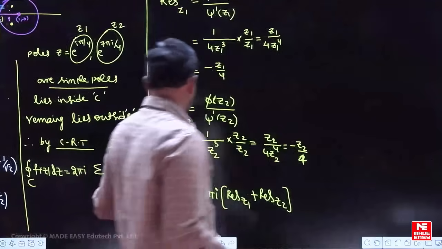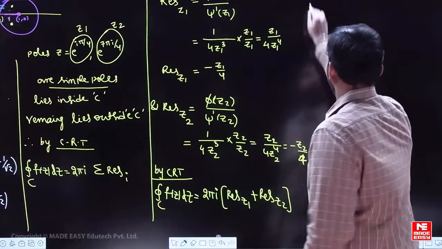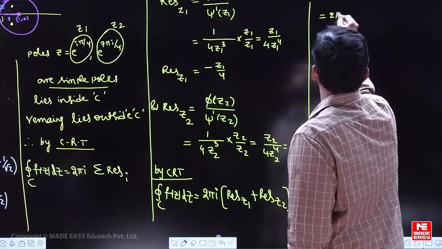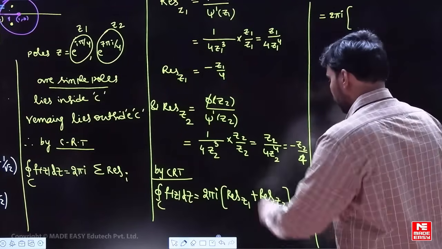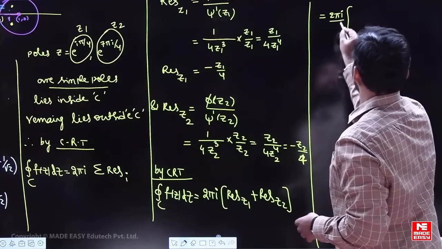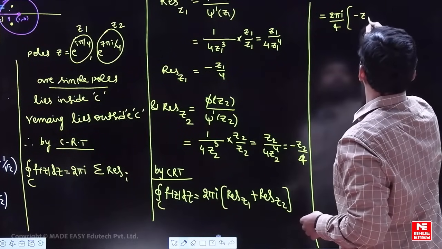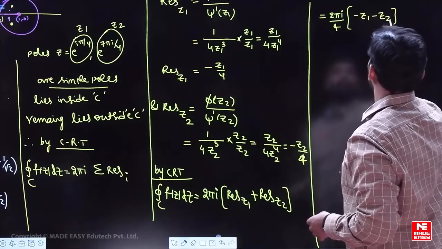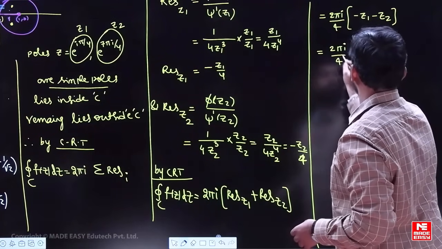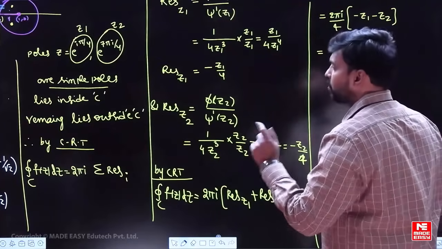Now I am going to substitute these values. The integral is 2πi into the residue at z1, which is minus z1 by 4, and minus z2 by 4. Let me take 4 common: 2πi by 4 of minus z1 minus z2.